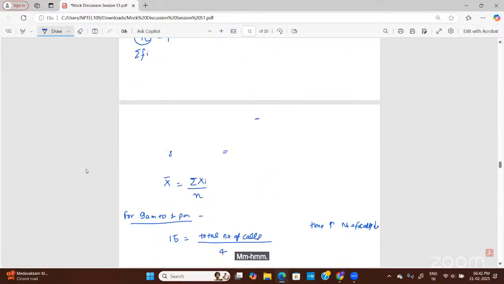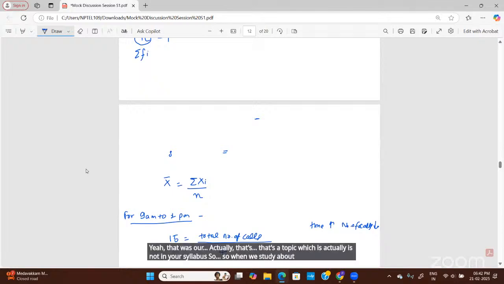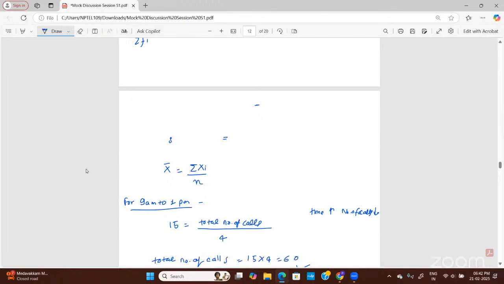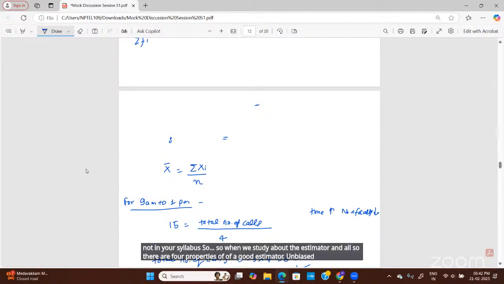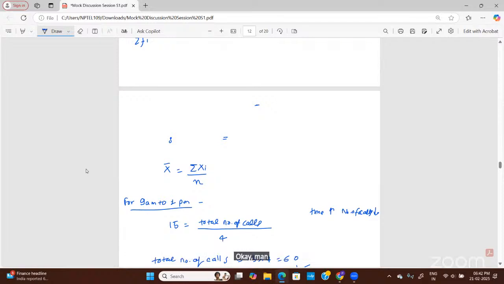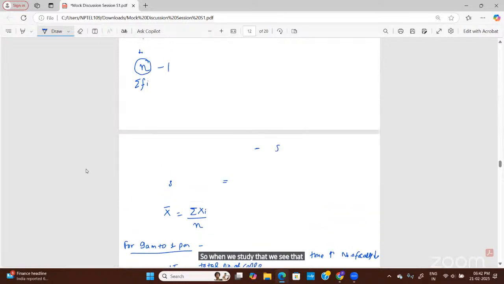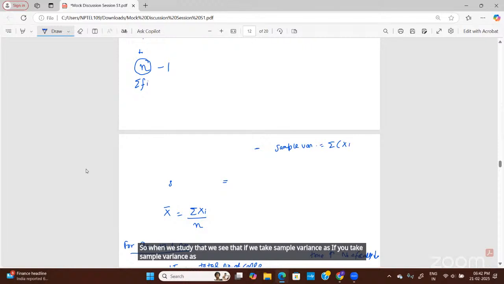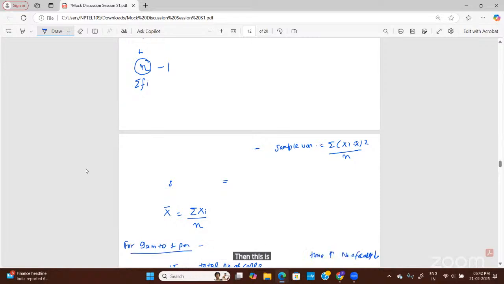So when we study about the estimator, there are properties of a good estimator: unbiasedness, efficiency, and consistency. When we study that, we see that if we take sample variance as summation of xi minus x bar whole square divided by small n, then this is actually not an unbiased estimator of the population variance.